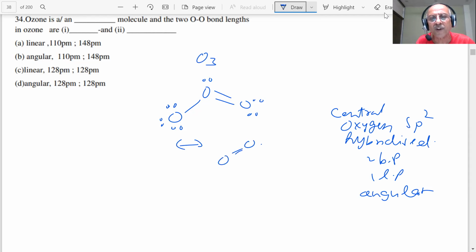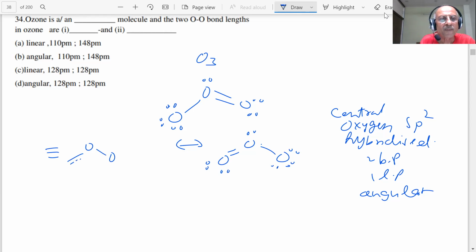I can write another structure. This is another structure, students. For the ozone, now this is 4 electrons, then this is my 6. Or in other words, I can represent the ozone as this resonance hybrid structure.